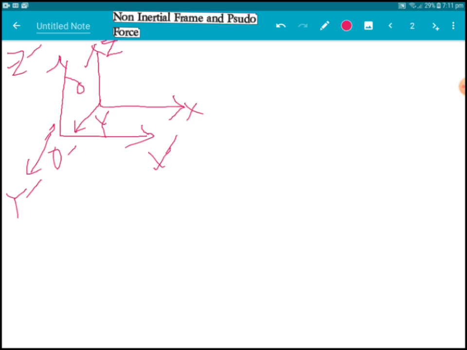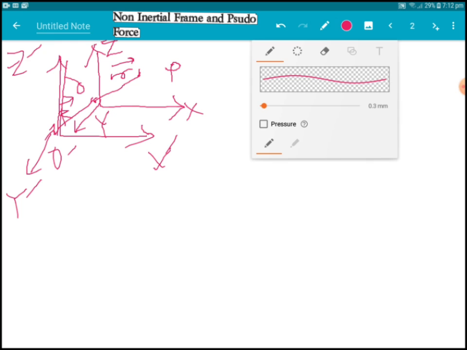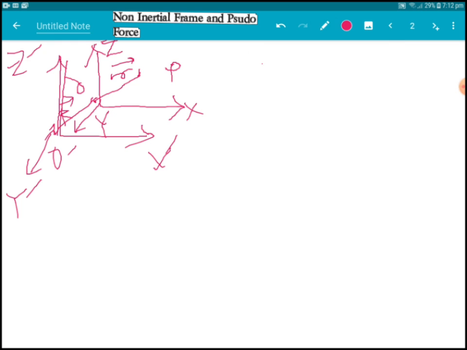This is origin O. Now the position vector of its origin with respect to the origin O dash is capital R vector, say, and a particle is located at this point, say P, the position vector of which is r vector with respect to the origin O. The picture is so clumsy. Now we will draw a fresh picture.